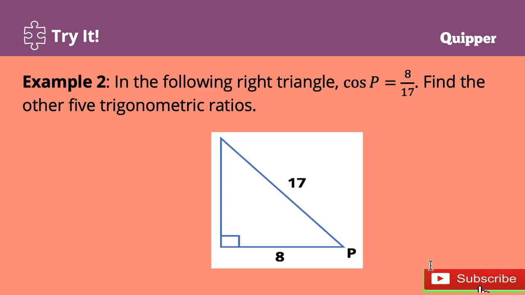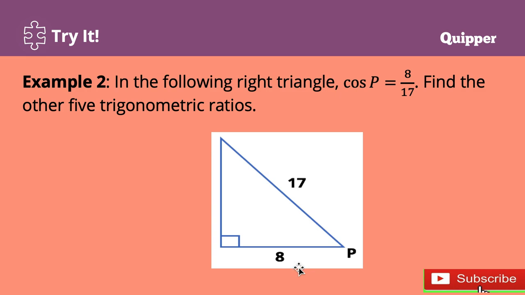Second example. In the following right triangle, cosine P is equal to 8 over 17. Find the other 5 trigonometric ratios. Our angle is P, meaning that's the focus. This side here is the opposite side, but we don't have the value for the opposite side yet.